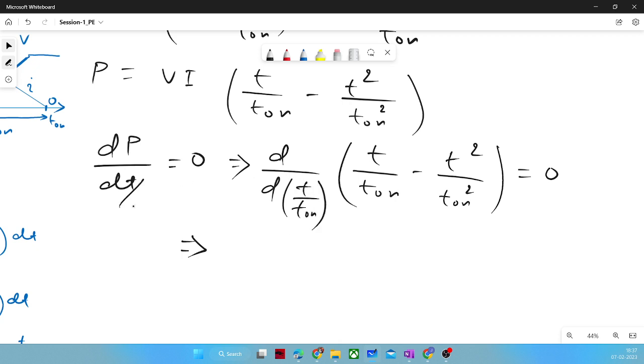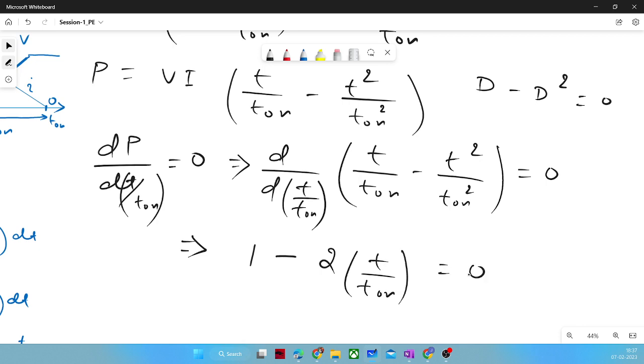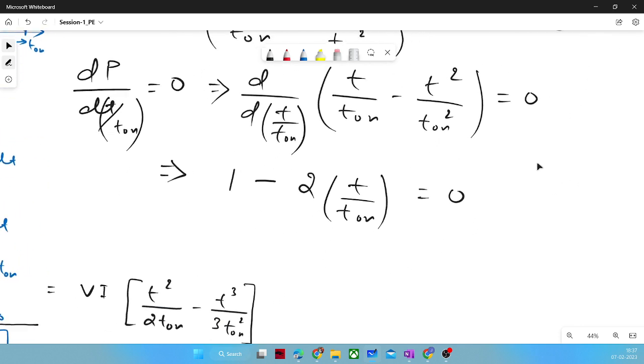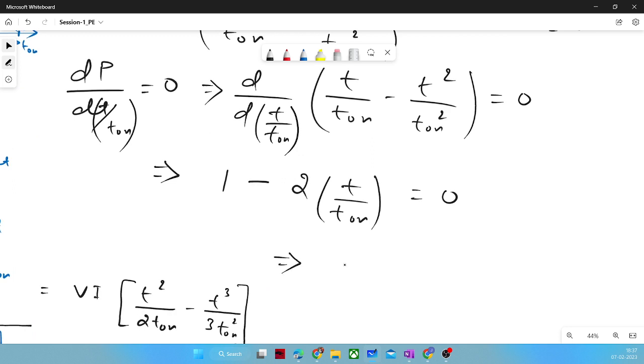This is just in the format of x minus x square equal to 0. If you differentiate the first term, it becomes 1, and the second term becomes 2 into t by t on, and you equate it to 0. So what you will get is t by t on equal to half.